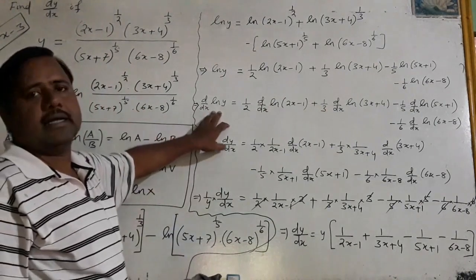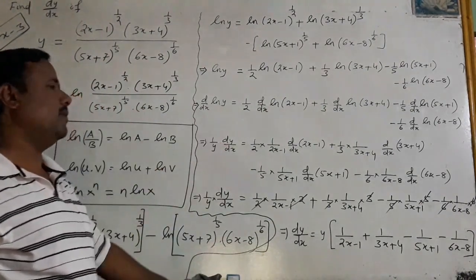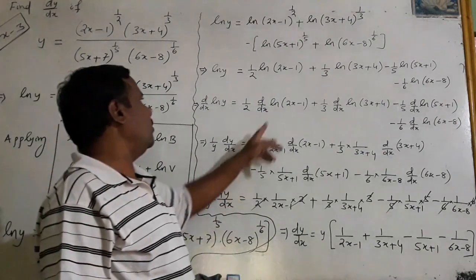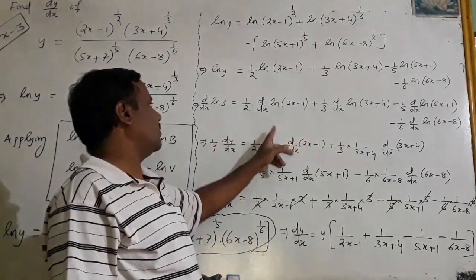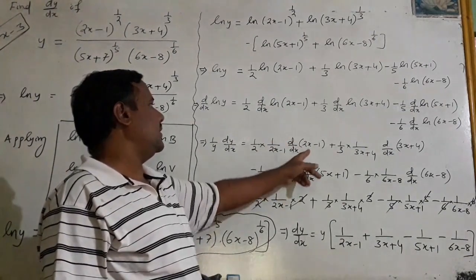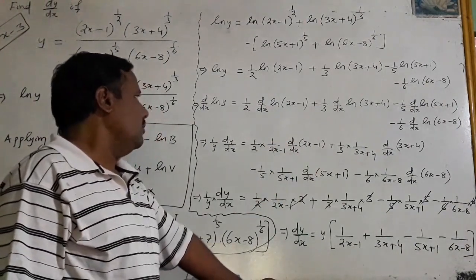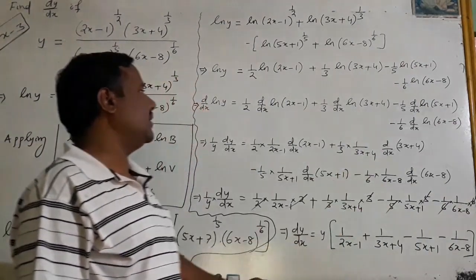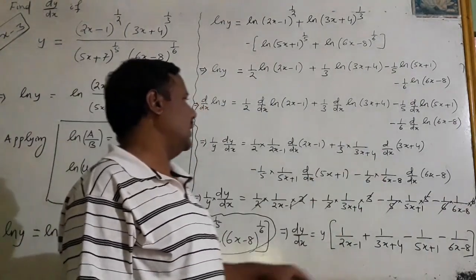Now, as I have already taught you, differentiating ln y we get 1 by y dy by dx, then 1 by 2 into 1 by (2x minus 1) into d/dx of (2x minus 1), plus 1 by 3 into 1 by (3x plus 4) into d/dx of (3x plus 4), and you continue like this.